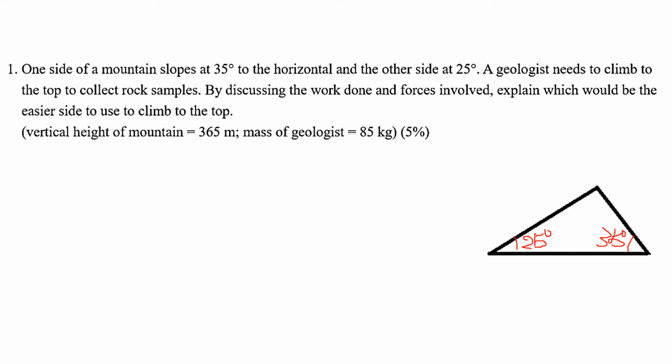By discussing the breakdown of the forces involved, explain which would be the easiest side to climb to the top. Think about if you're the person climbing. Of course this side will be more difficult for you to climb, because the slope is much higher compared to the other side, right?